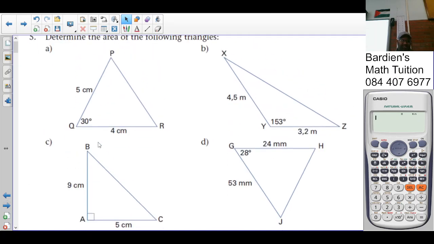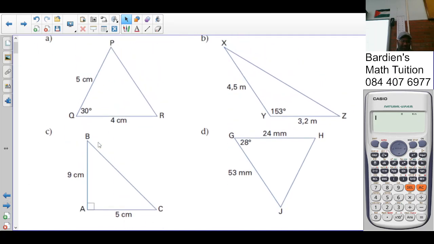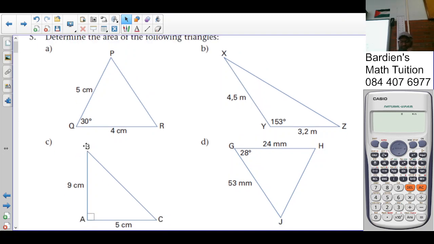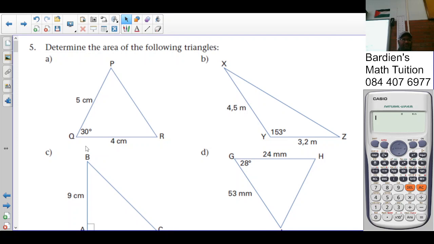Number 5, A and C. Any problems this time around? Okay, so for number 5, any issues here?